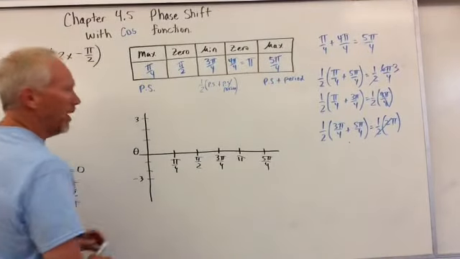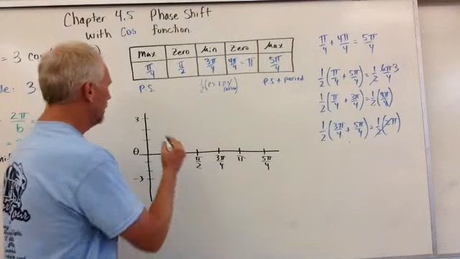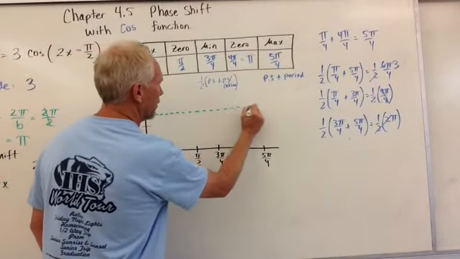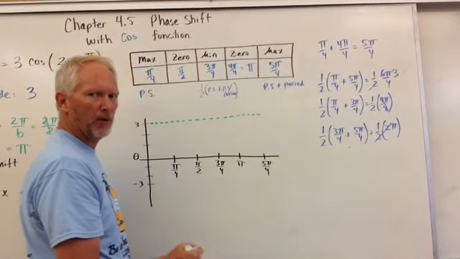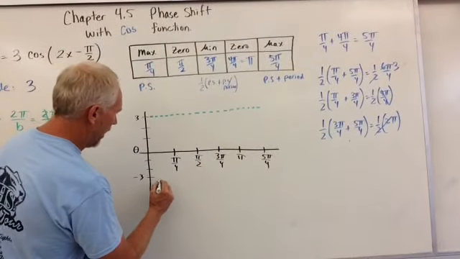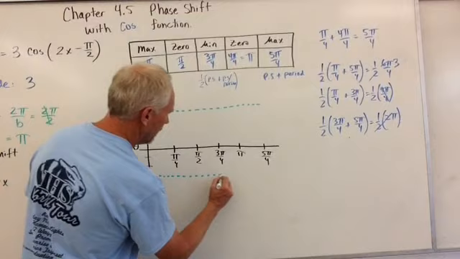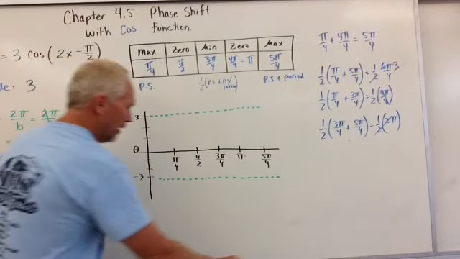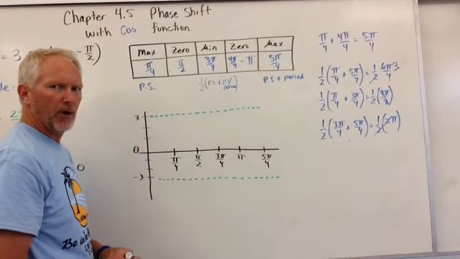Again, I set up my max and min, my boundaries, my amplitude. This is what I like to do, just to remind me where these boundaries are: at +3 and -3. And then I'm going to draw my curve.